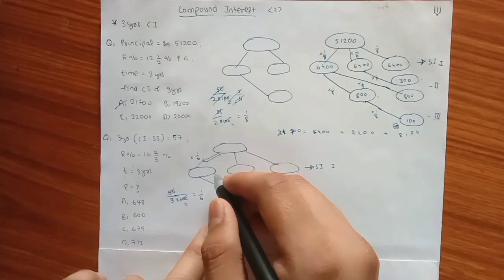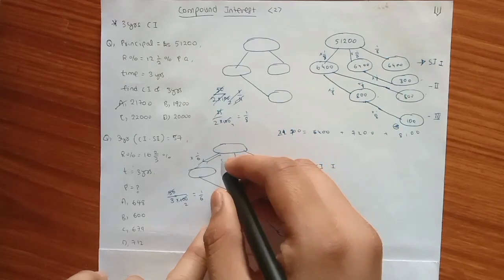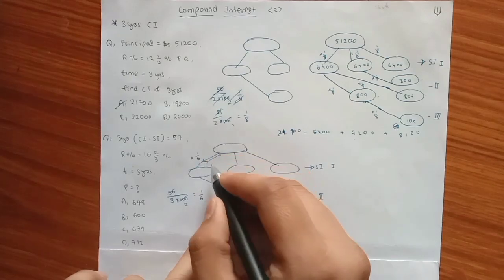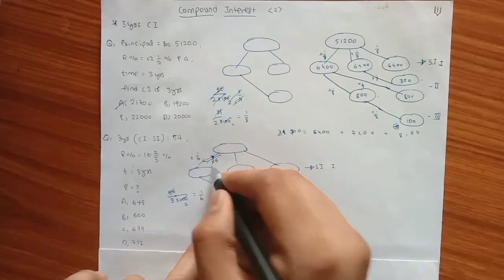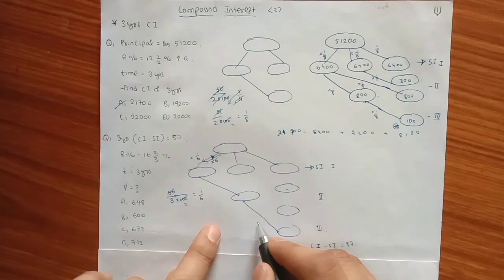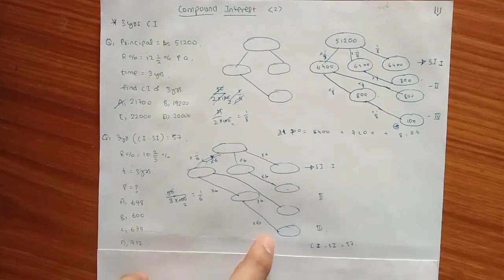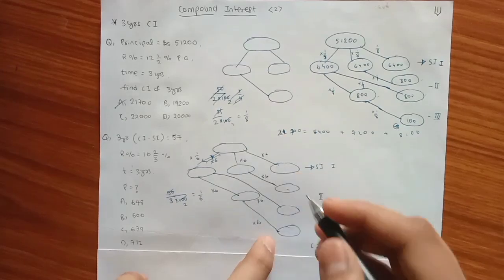From the interest, if we need to find the principal, we need to do the reverse of this. So here we need to multiply with 6 in reverse, here also 6. Let us consider that it is 3 years and we need to find the principal amount.